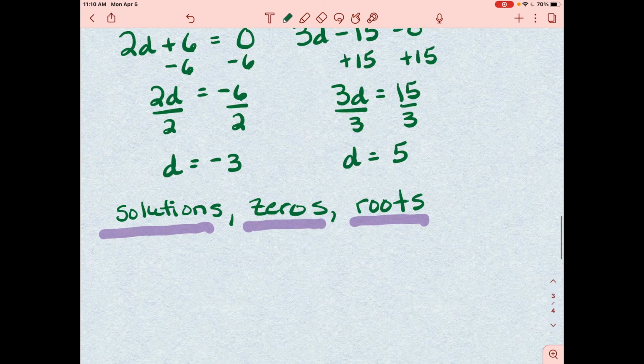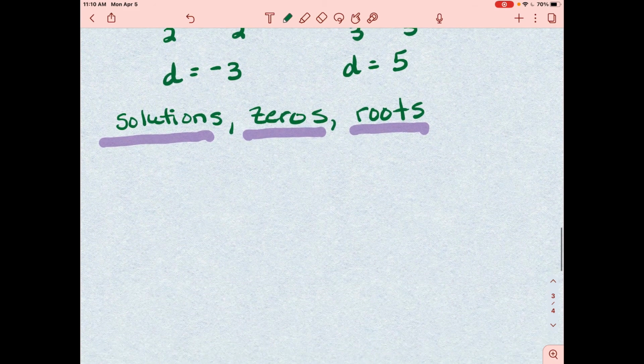Let's solve one more. This is kind of a fun word problem, so I'll tell you and then we'll just do the math. It says Penny is a fox terrier who competes with her trainer in the agility course. If you want to see this, it's on page 497 of your textbook. Within the course, Penny must leap over a hurdle. Penny's jump can be modeled by this equation: h equals negative 16t squared plus 20t.